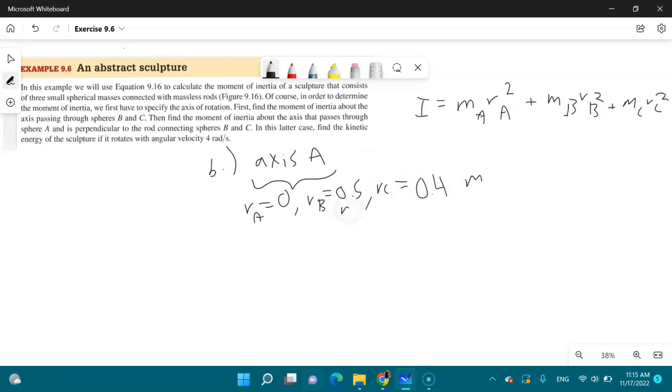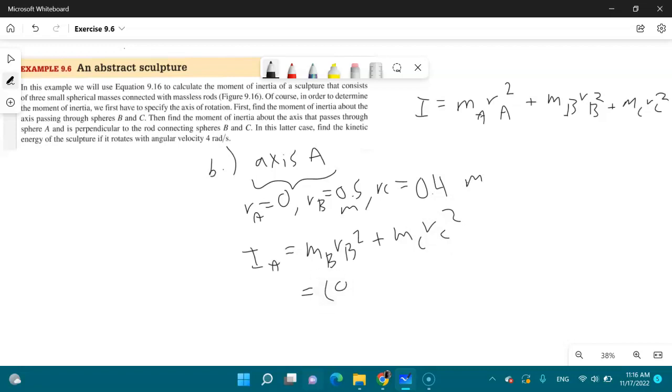So they're all in meters, all these values. So the inertia of A would be equal to the mass of B times the radius of B squared plus the mass of C times the radius of C squared. And then here we would just plug in some values.